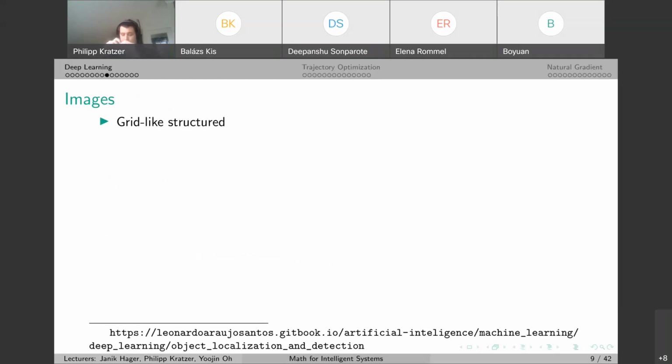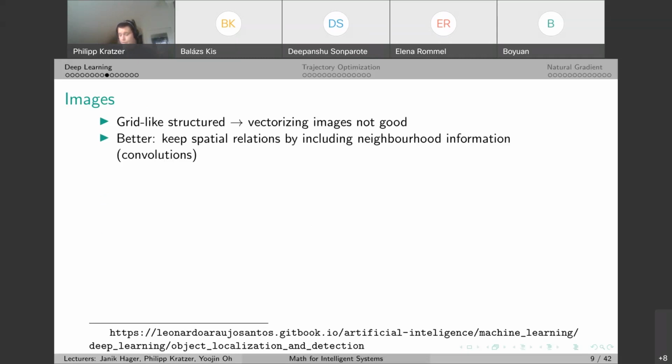So we have pixels that are aligned in a grid. And if we now want to use deep learning on this, and we put all the pixels in one vector and put it into a fully connected layer, this might not be the best idea, because we would like to use the structure of the data.